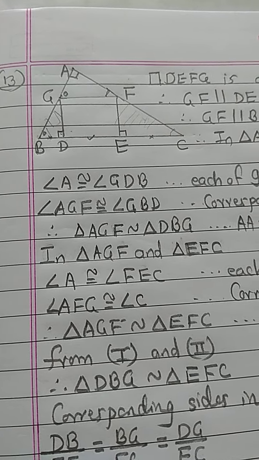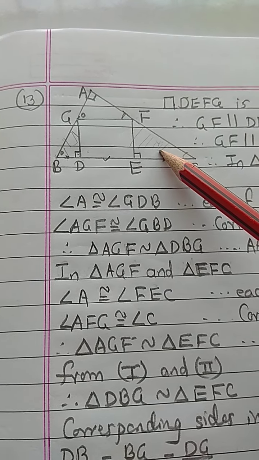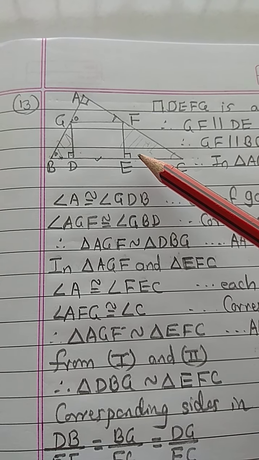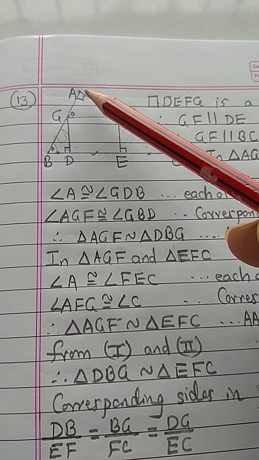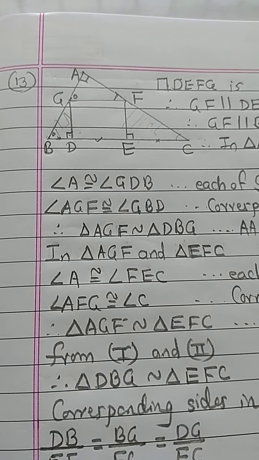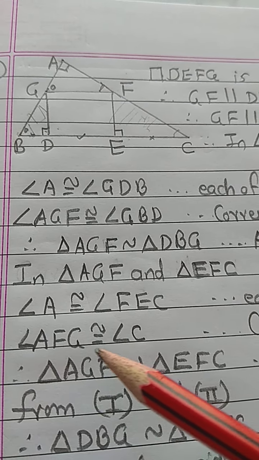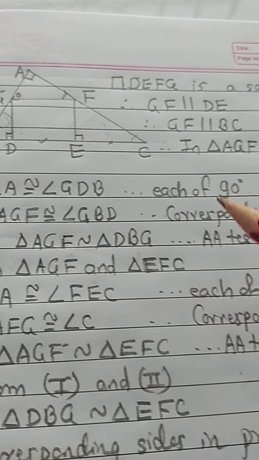As these two triangles become similar, we will try to show that these two triangles are also similar. This angle A is congruent with angle E, that is FEC, each of 90 degrees, and this angle AFG is congruent with this angle C. Once again, they are corresponding angles.